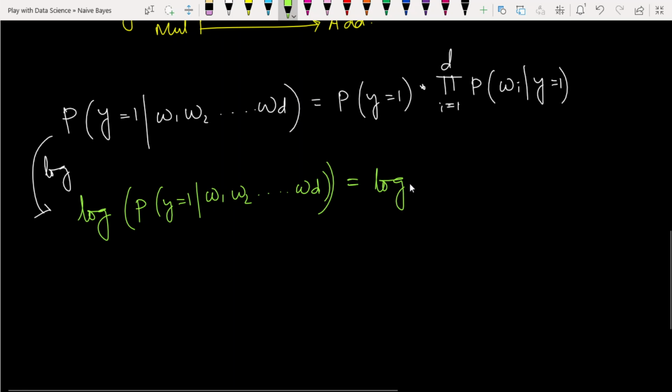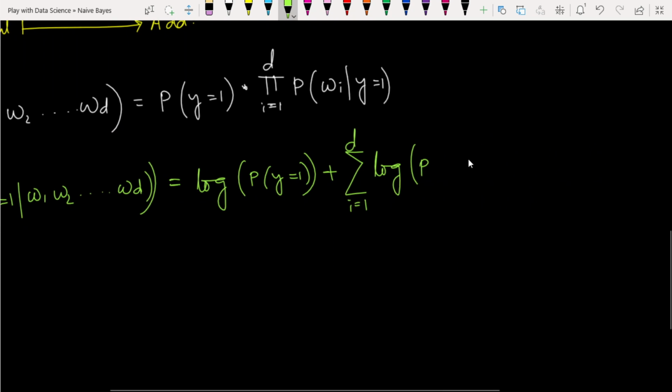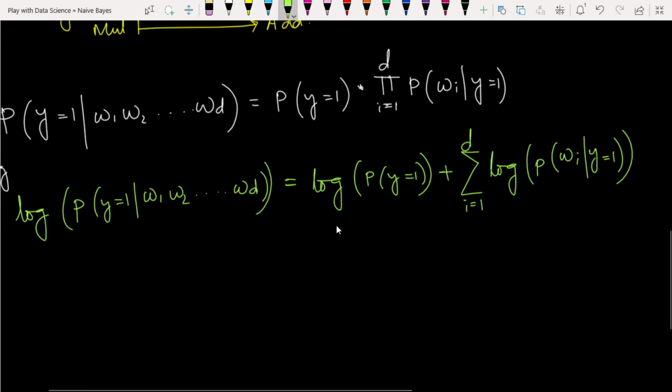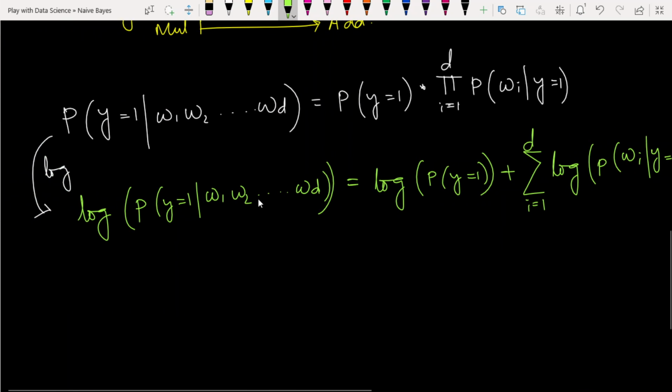So this will be log of the terms, plus, with the multiplication sign now converted to the addition sign, the log of the prior for class label y equals 1. I think this concept is clear to all of you. This is the advantage, and this is why we take the logarithm.